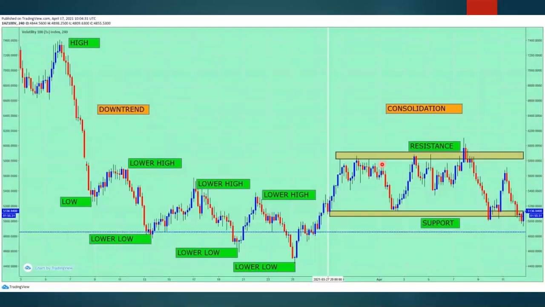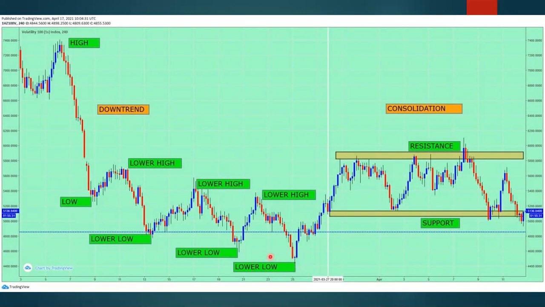Let's look at this now. This is a downtrend, and we have our consolidation here. The way we recognize a downtrend is by lower highs and lower lows.